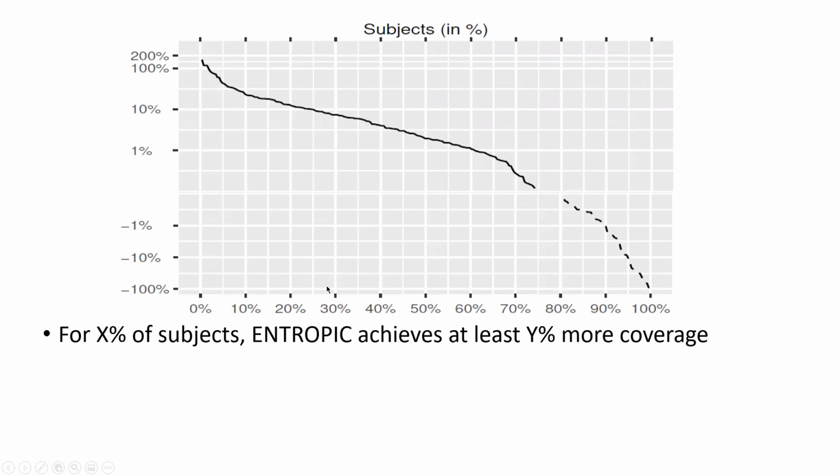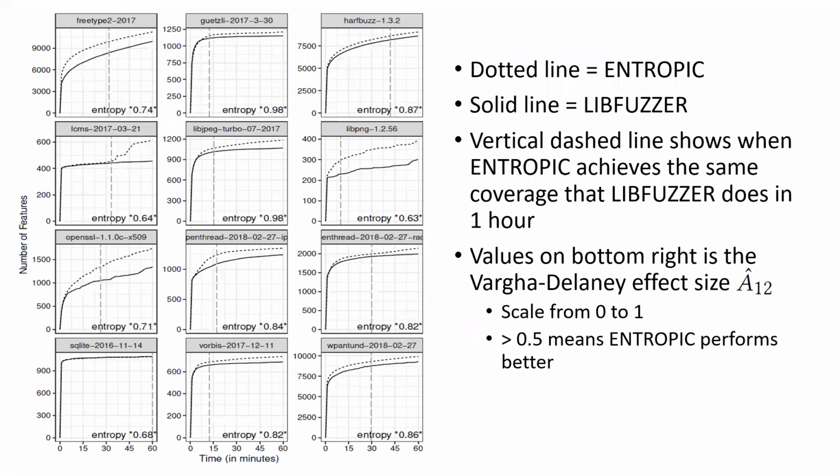Oh, I guess there's a comparison. Yes, so for example, for 20% of the subjects, Entropic can achieve 10% more coverage, and this is after 6 hours of running the fuzzer, as compared to the previous graph, which is just 1 hour.